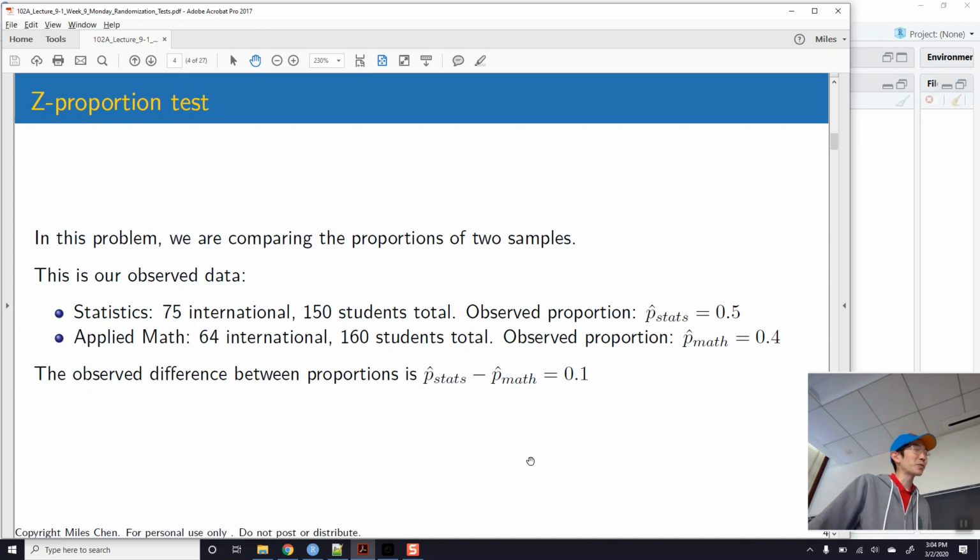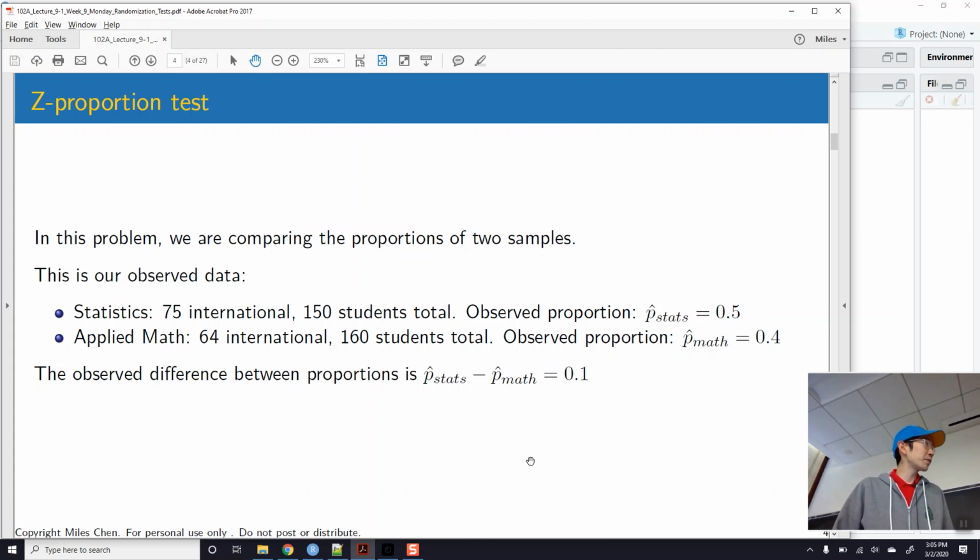Okay, so yes, we can do a Z-proportion test, comparing the proportions of two samples. This is what we have in our data. Statistics: 75 are international out of 150 total, so our observed proportion p hat stats is 75 divided by 150, which is 0.5. Applied math: 64 international out of 160 students total, so our observed proportion is 64 divided by 160, or 0.4.